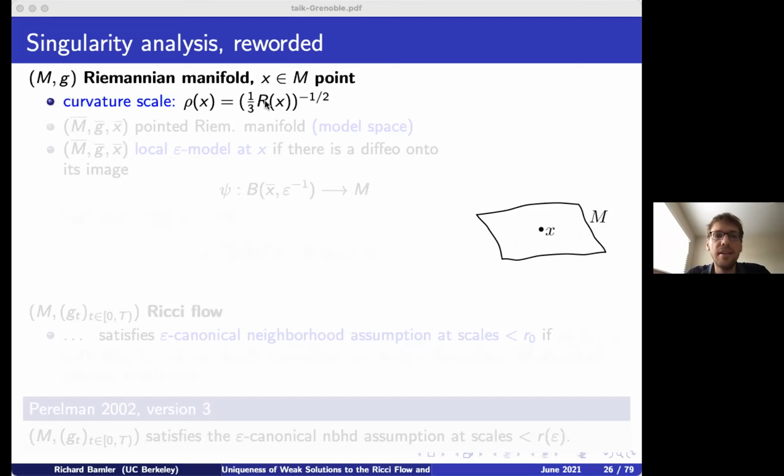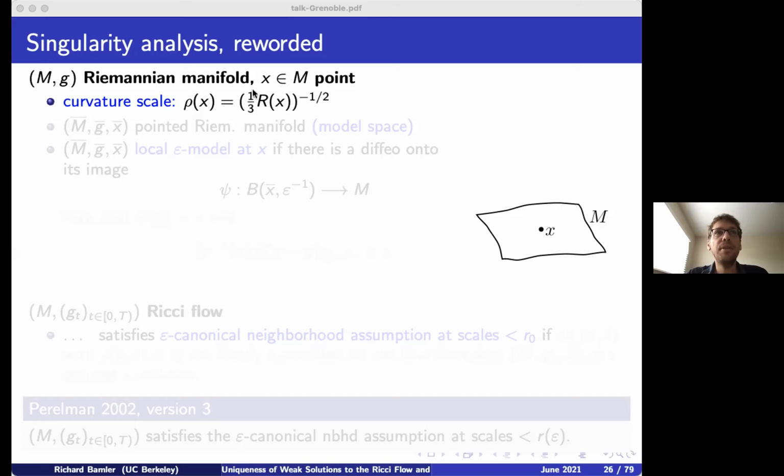So the idea here is that, don't worry about the 1/3 here for now, I'm going to take the scalar curvature at this point. Let's assume for simplicity that we have positive scalar curvature. I'm going to raise this to the power of -1/2, right? So scalar curvature is measured in 1 over square meters. So if I raise this to the power of -1/2, then I get a quantity that's measured in meters, so a length scale.